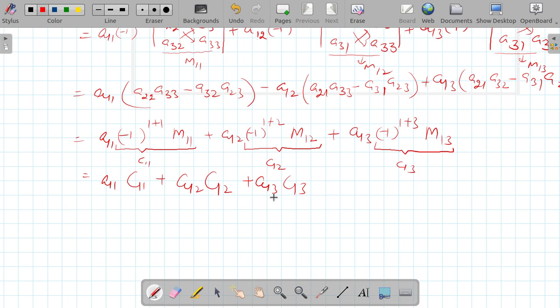So this is how minor and cofactor can be defined, and in terms of minors and cofactors we can find the determinant of a matrix.